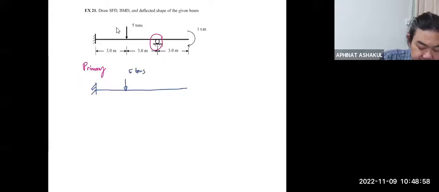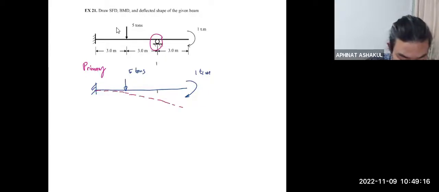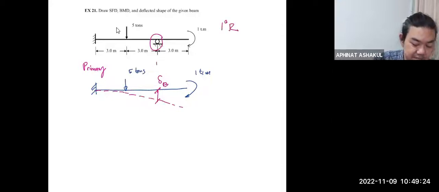Five tons here and one ton each. After I remove the redundant, I have this delta B. Let's not forget to say that this is a 1 degree indeterminate problem.